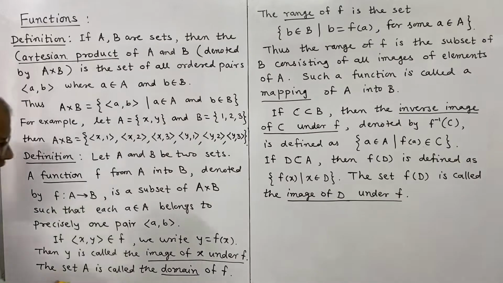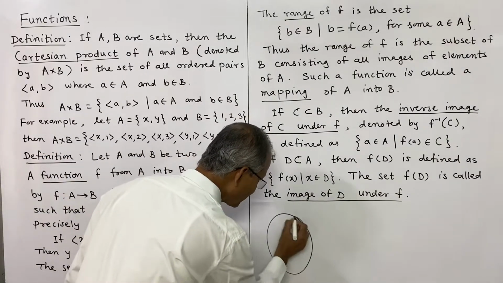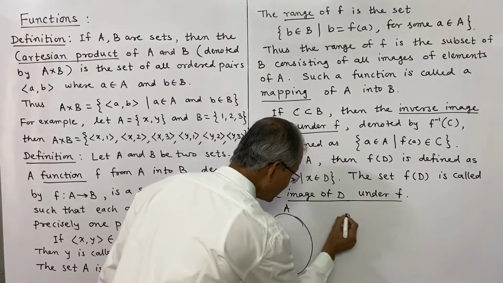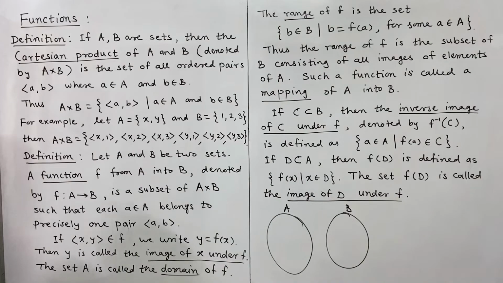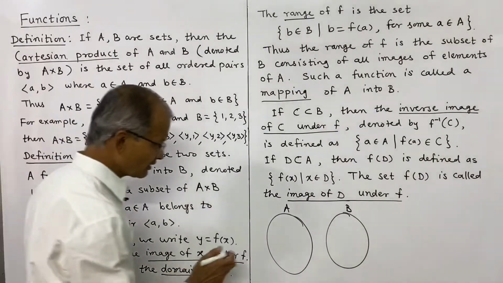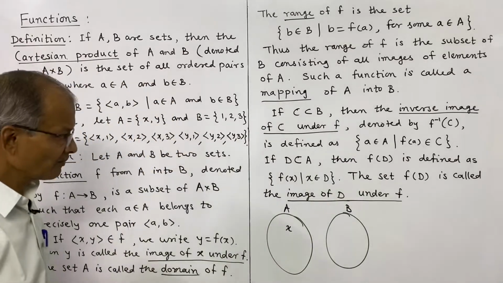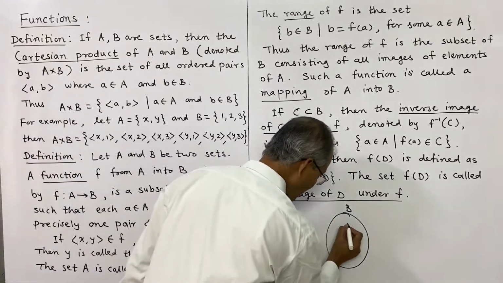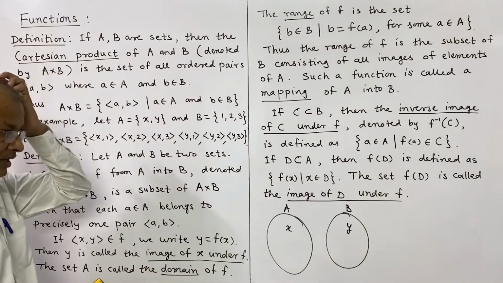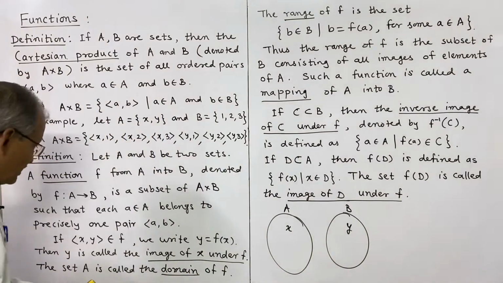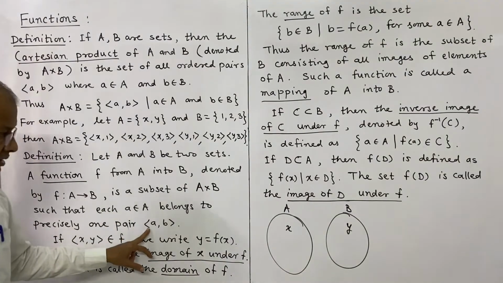So for example, in the earlier definition of a function that we know, if this is the set A and this is the set B, then every element of the set A, say x, is related to an element of the set B, and it must be related to a unique element and cannot be related to more than one element. That's why it is written precisely, meaning exactly one pair (a, b).